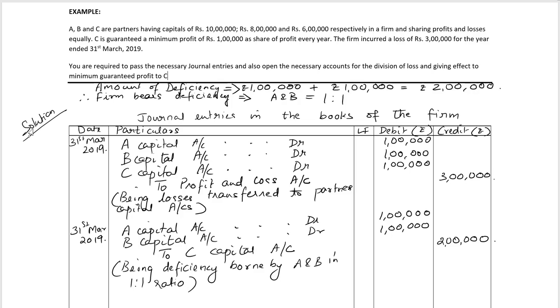So this is the answer to journal entries. 2 journal entries. The first one for distribution of loss to partners' capital accounts in their profit sharing ratio, and the second one for deficiency being borne by the guaranteeing partners.